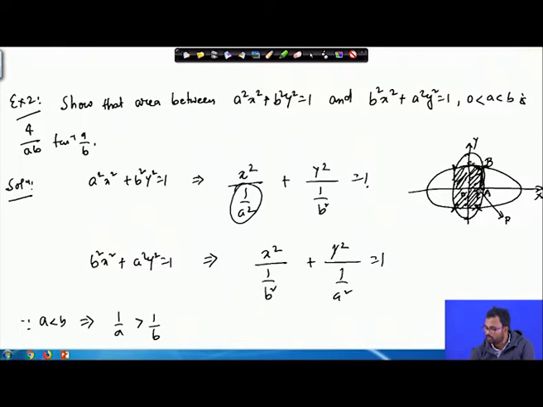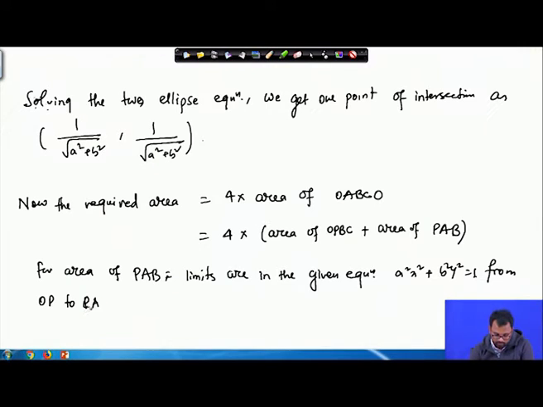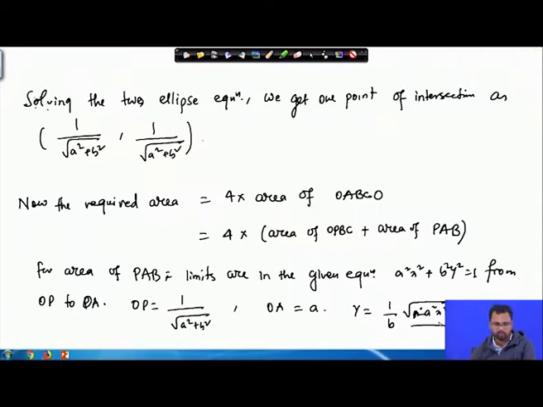So, from here to here, the limits are basically OP to OA, where OP is 1 by square root of A square plus B square, and OA is basically our A. And from here we can solve for y. So y is basically 1 by B times the square root of 1 minus A square x square. So this is our y actually.